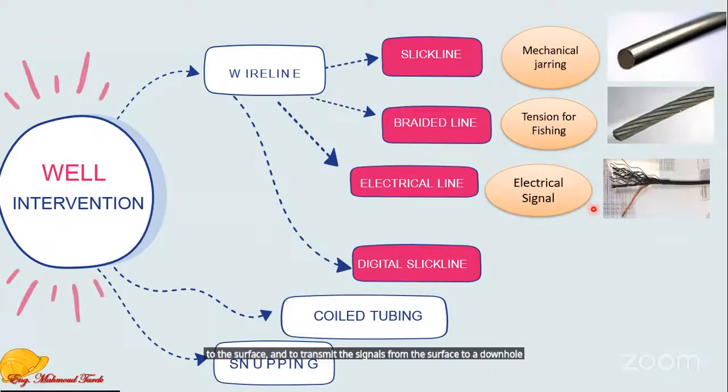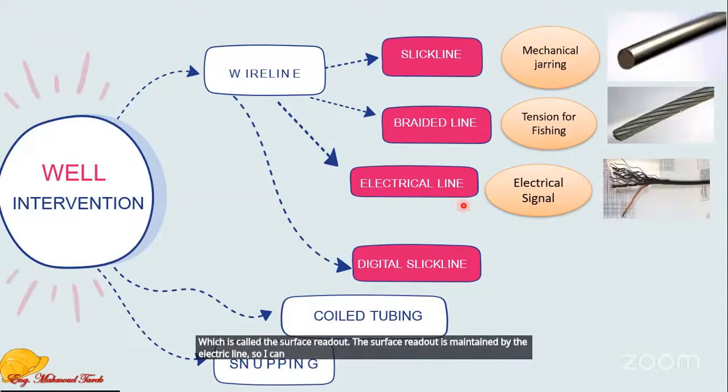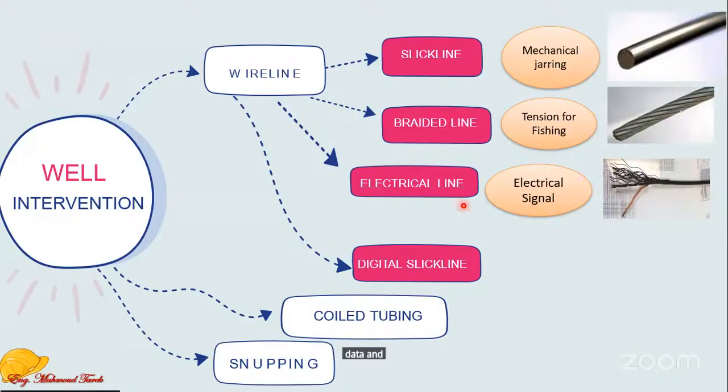The interaction between the bottom hole and the surface, which is called the surface readout, is maintained by the electric line, so I can transmit and receive data from the downhole.